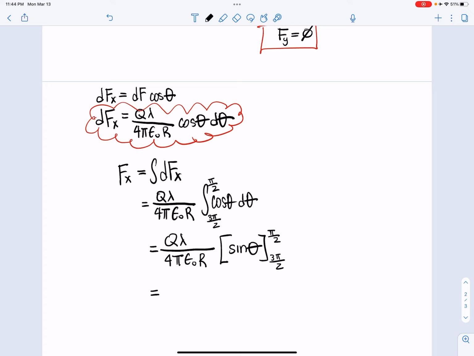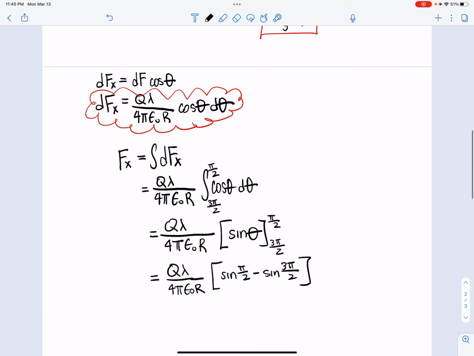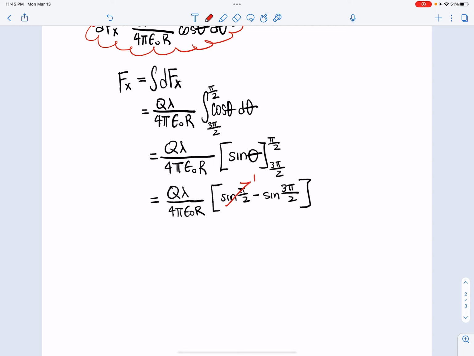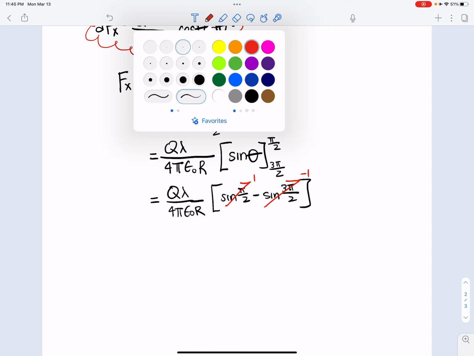And that is equal to q lambda over 4 pi epsilon naught r times sine of pi over 2 minus sine 3 pi over 2. Right, and sine pi over 2 is 1, sine 3 pi over 2 is minus 1.